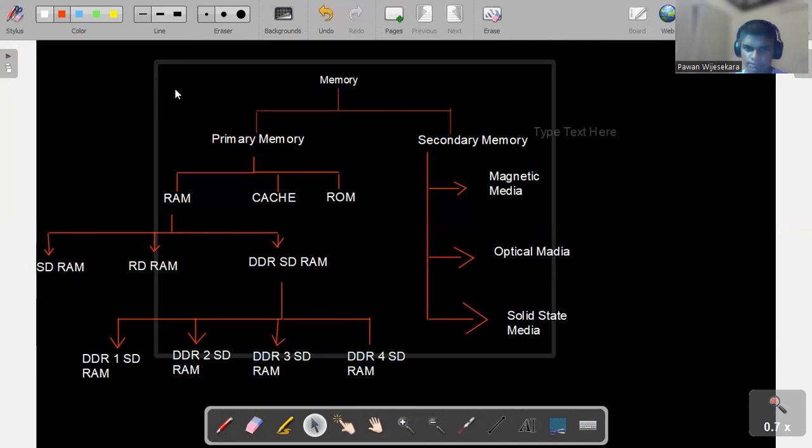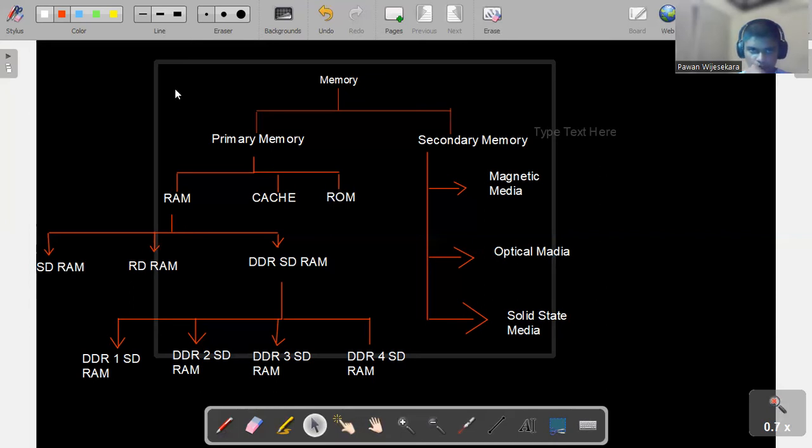Then DDR SDRAM is again classified into four sections: DDR1 SD, DDR2 SD, DDR3, DDR4. Right? Then secondary memory is divided into categories: magnetic media, optical media, and solid state media. Right?